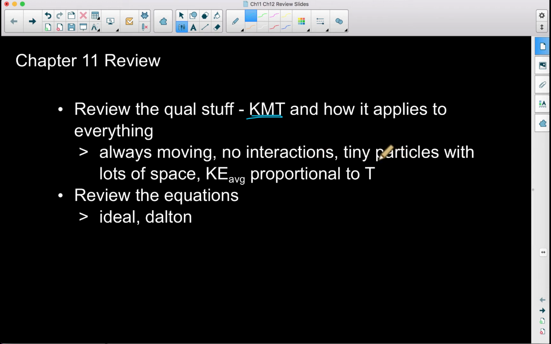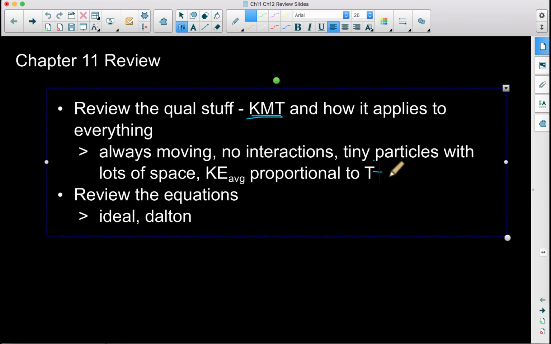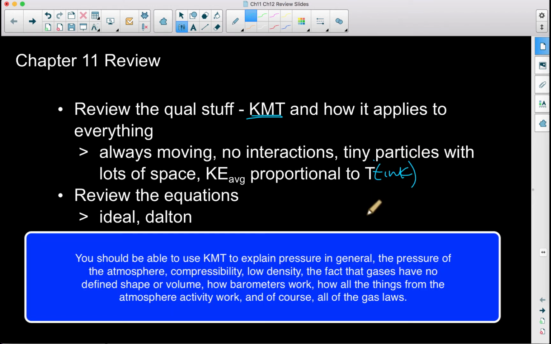And the particles are tiny in comparison to the ginormous amount of space between them. And their kinetic energy on average is proportional to temperature in Kelvin. All right, so make sure you have those memorized because, like I said, you'll apply them to every short answer question. So equations that you need to know.